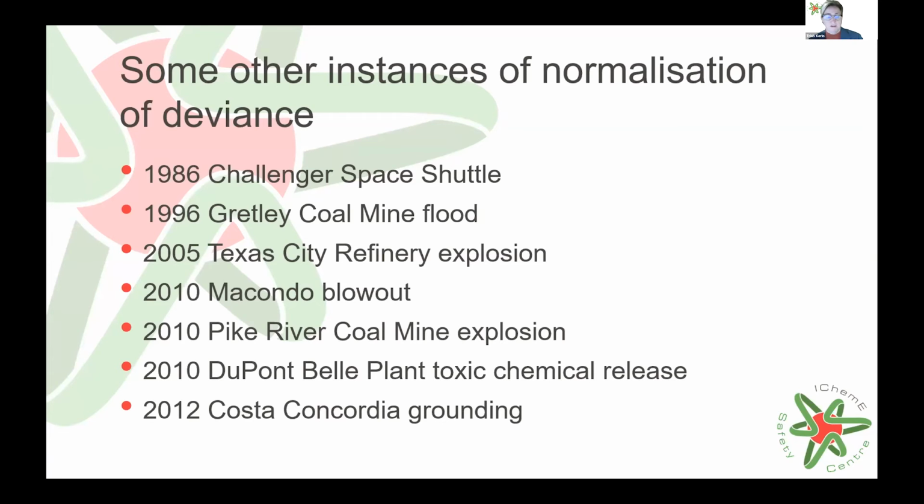If we think about the Macondo Blowout in 2010 in the Gulf of Mexico, they had normalized that the abandonment activities were working okay. So they assumed when they were doing the cement job that it worked.